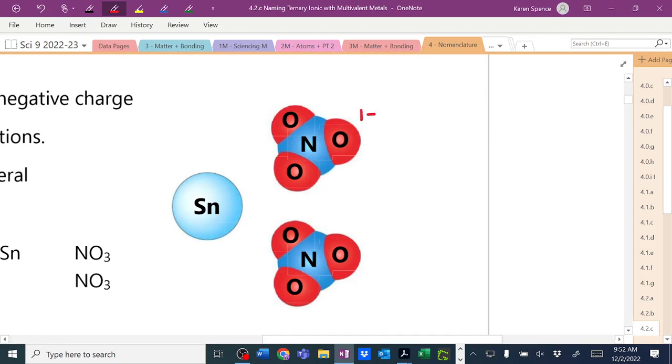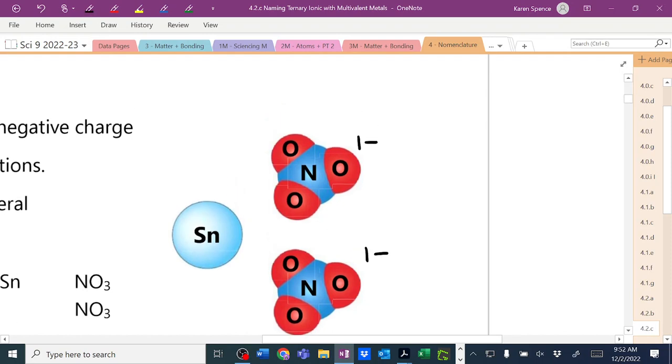It's 1 minus. Now remember, all compounds are neutral.